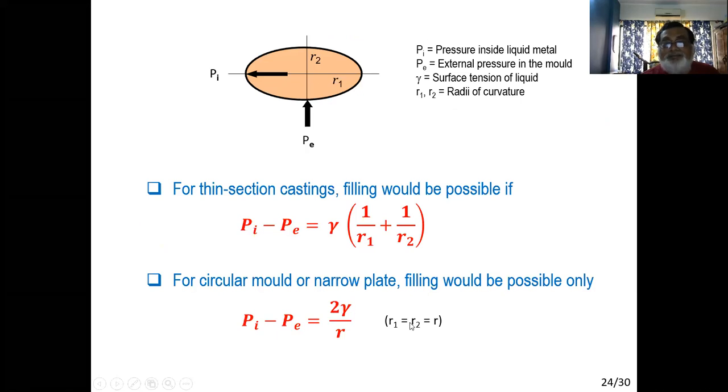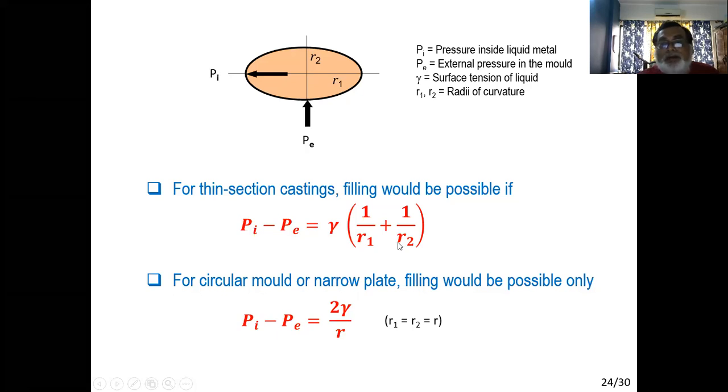Sir, does that mean that for the thin section, the other radius is not being taken into account, it is pushed to infinity? Yes, then one term becomes infinity. So what does that physically mean? This means 0. If it is a plate, if it's a plate.